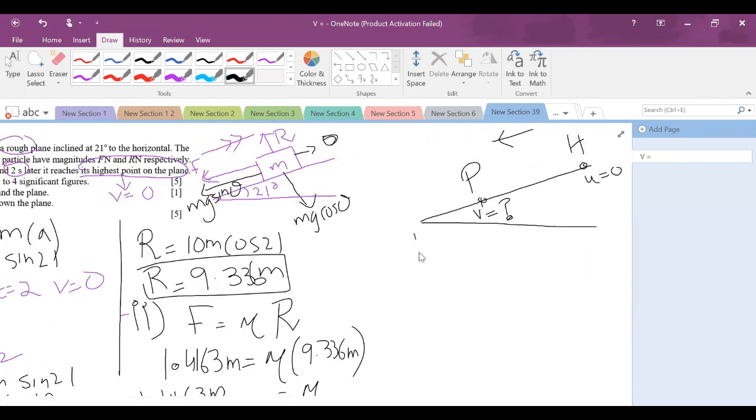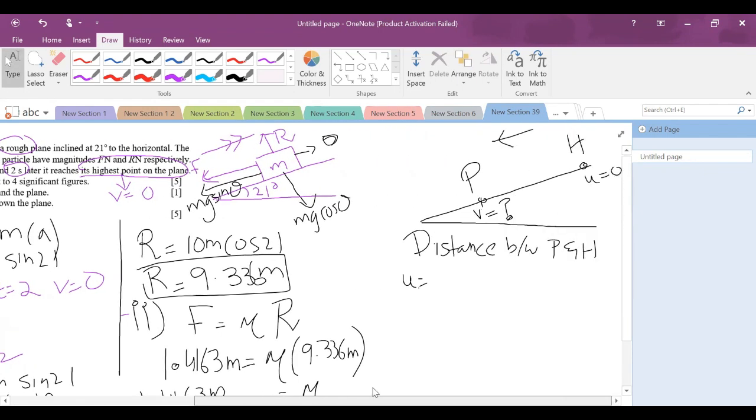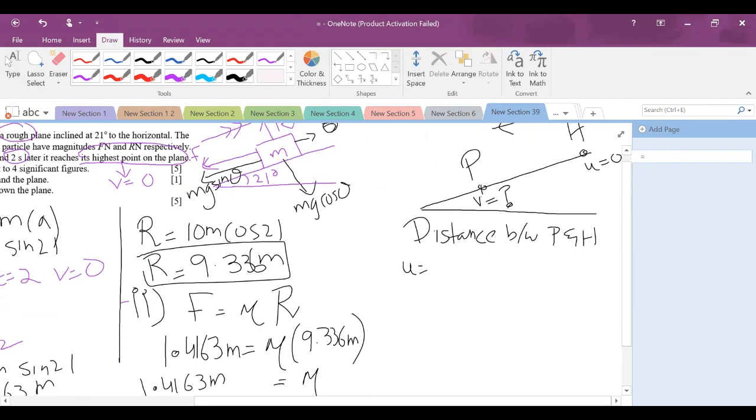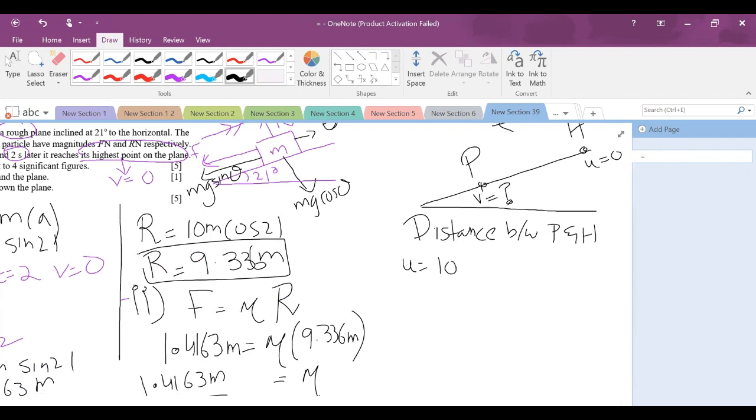So distance between p and highest point, उसके लिए वही पुरानी वैल्यूज यूज करेंगे. u था, क्या था u अगेन, 10. टाइम था 2 और v था 0, तो s फाइंड करेंगे.